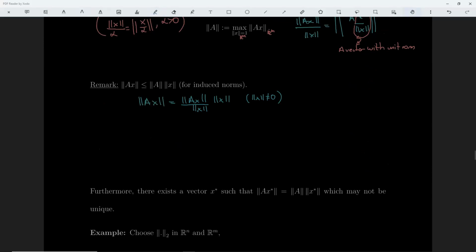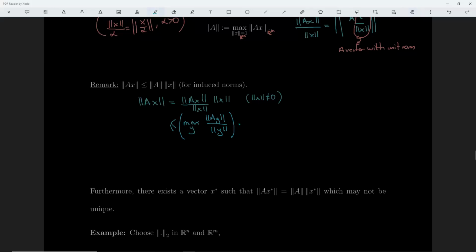And notice that the first term over here is always smaller than or equal to the maximum value over all possible y vectors of norm Ay divided by norm y. So the first term here is always less than this maximization over there.